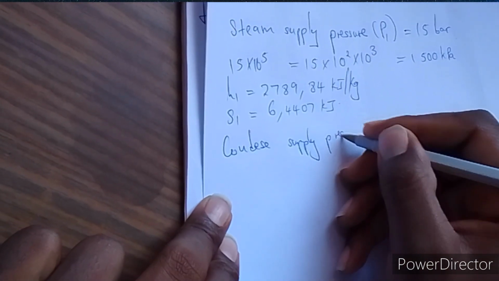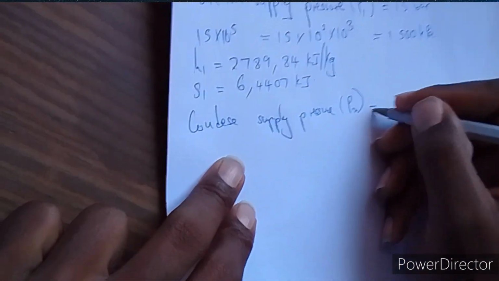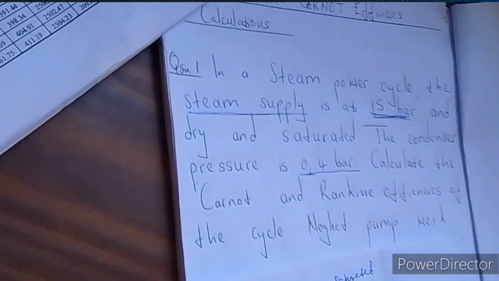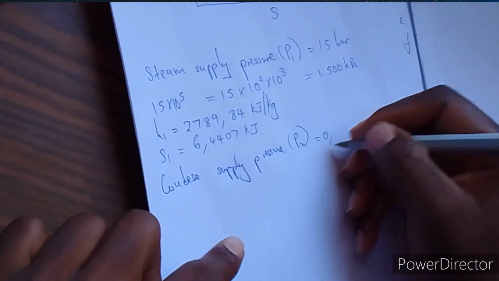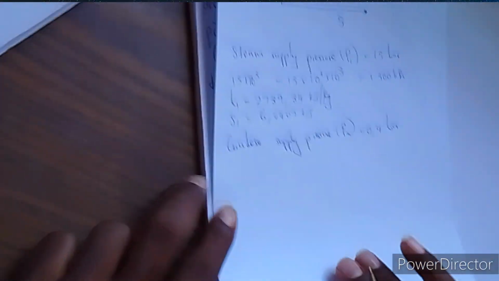The condenser supply pressure, which is P2, is equal to 0.4. This is the condenser pressure. So 0.4 bar, you have to change this 0.4 to kilopascals.